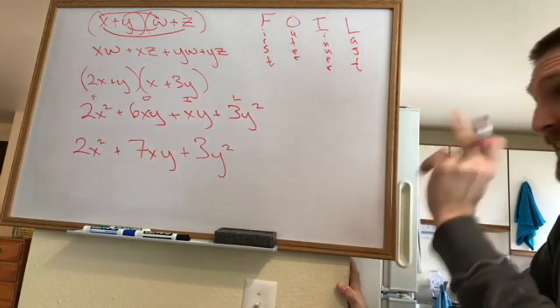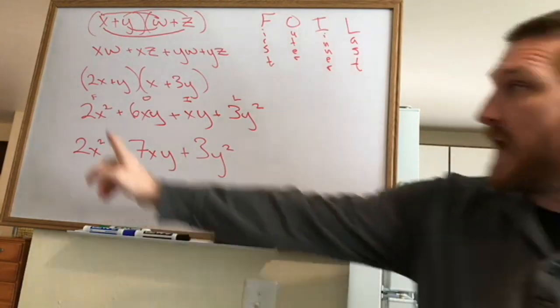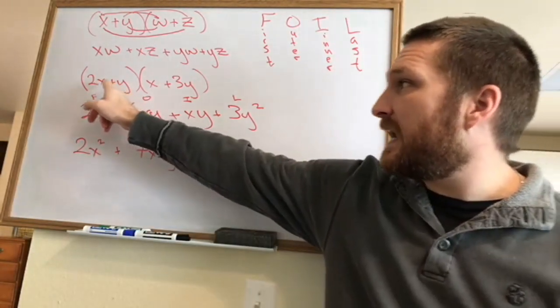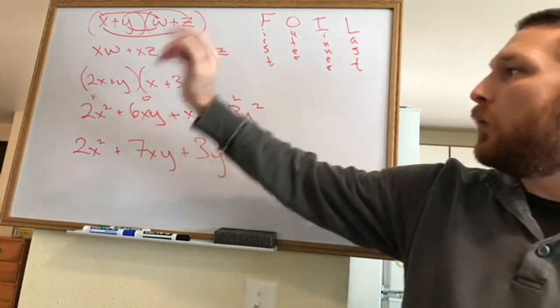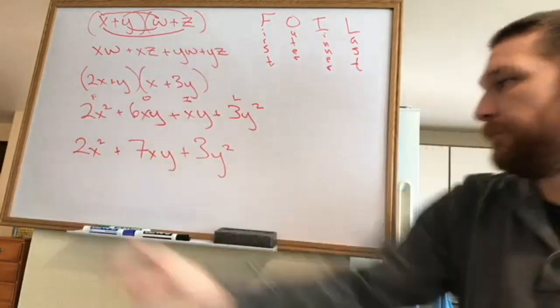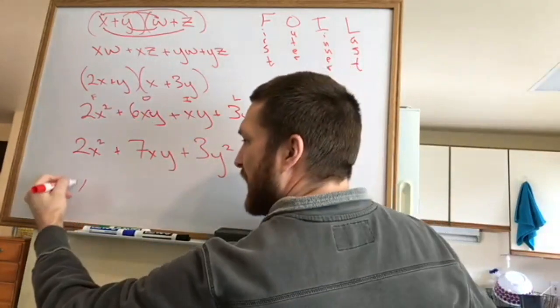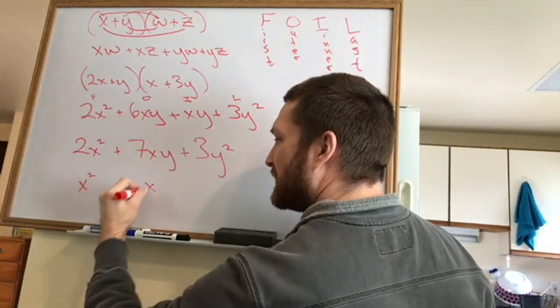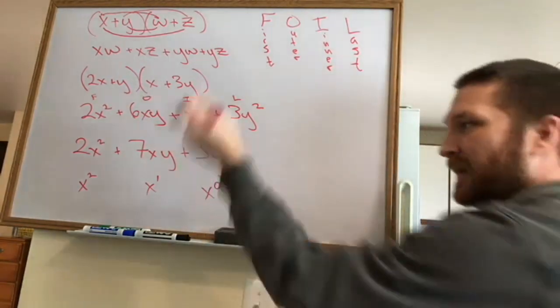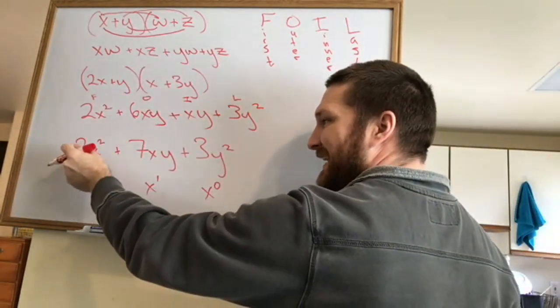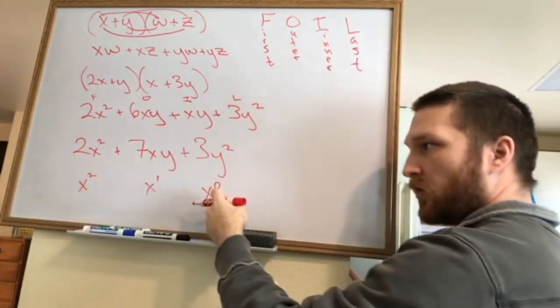You'll notice something that's nice about this is that since we've kept this in the same order as that, what we end up with is this term has an x squared, this term has an x to the first, this term has an x to the 0. So the x's are in descending order.